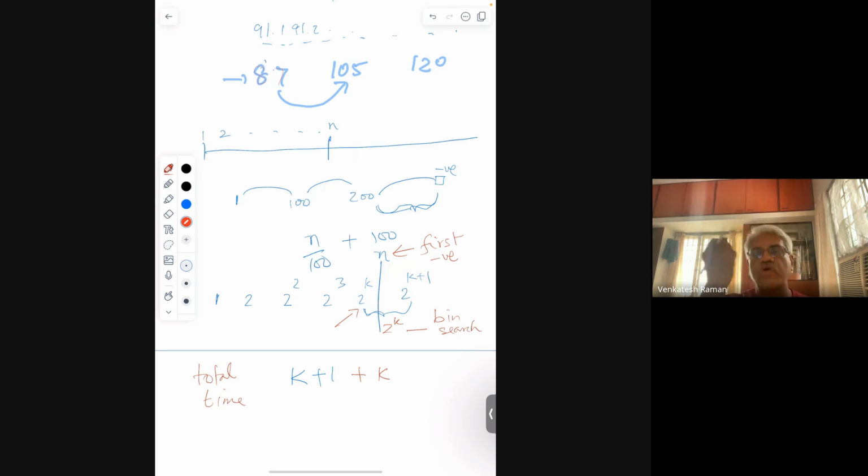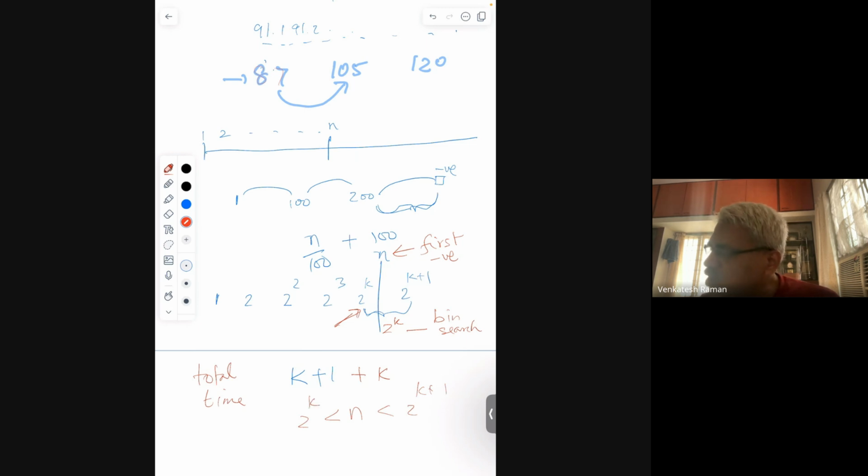I don't know n, but every natural number is between some 2 power i and 2 power i plus 1. So when I come to the 2 power kth location, it will say it's positive, and the 2 power k plus 1th location will say it's negative, if n is between 2 power k and 2 power k plus 1.